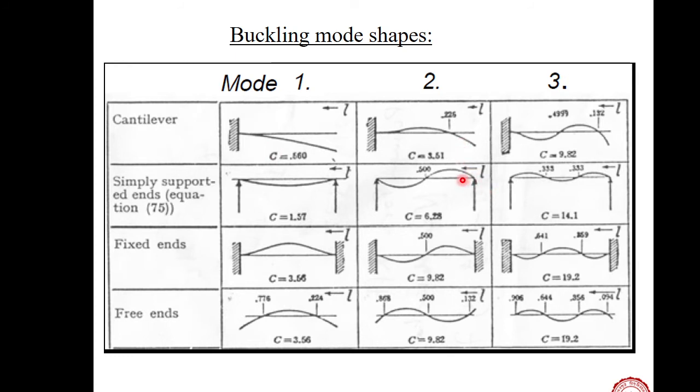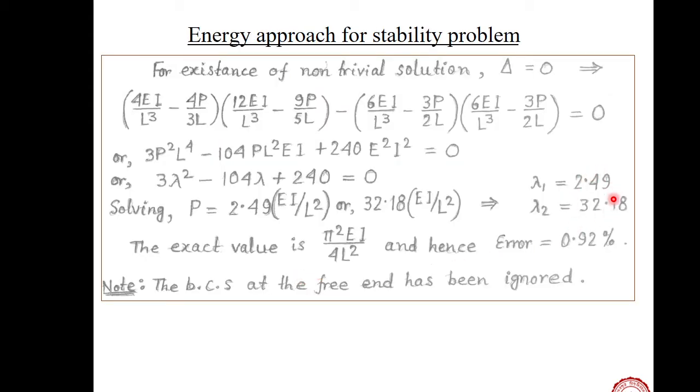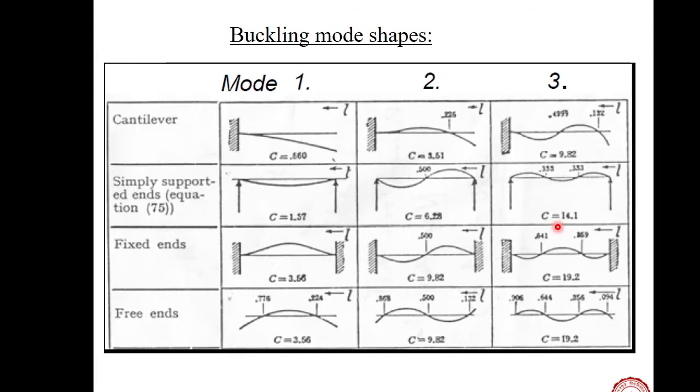Actually, these are some positions also. Is it that, or is it the buckling coefficient value? I think these are buckling coefficient values. 1.57 is the buckling coefficient value, that means these are the values of this lambda. Is it like that? For simply supported, this is pi by 2. 1.57 is pi by 2, right?